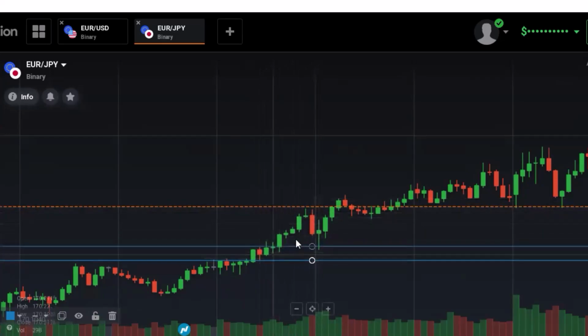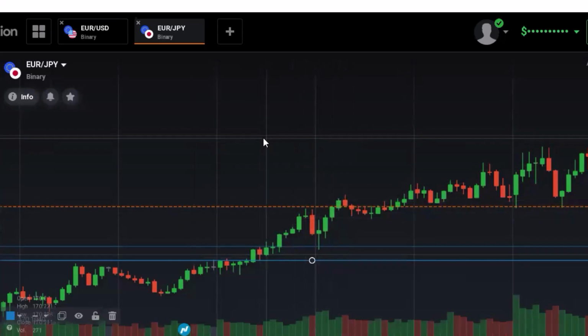After this movement, the market again came back to that area. When the market again came back to that area, buyers strongly rejected the sellers and it went up. So if we place an order from this order block area for 3 to 5 minutes, 1, 2, 3, win here. 1, 2, 3, 4, 5, we will win here.